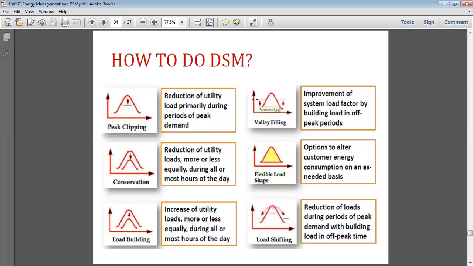Here the average load is this much. So we find that the difference between average load and maximum demand is very small. The gap is very small, hence the load factor increases. So improvement of the system load factor by building up load in the off-peak period is nothing but the valley filling.